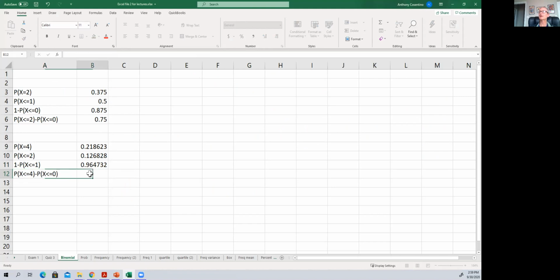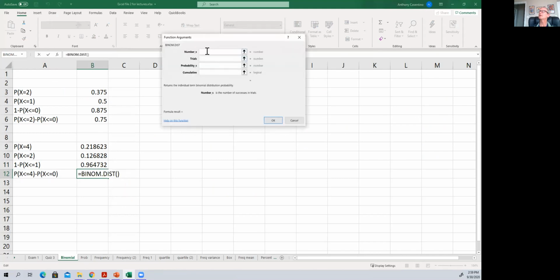And so when you do that calculation, it'd be an equal sign, and then binomial. And so that would be 4, 15, not 14. It's easy to type a wrong number in, so you always have to be careful. And this would be true.